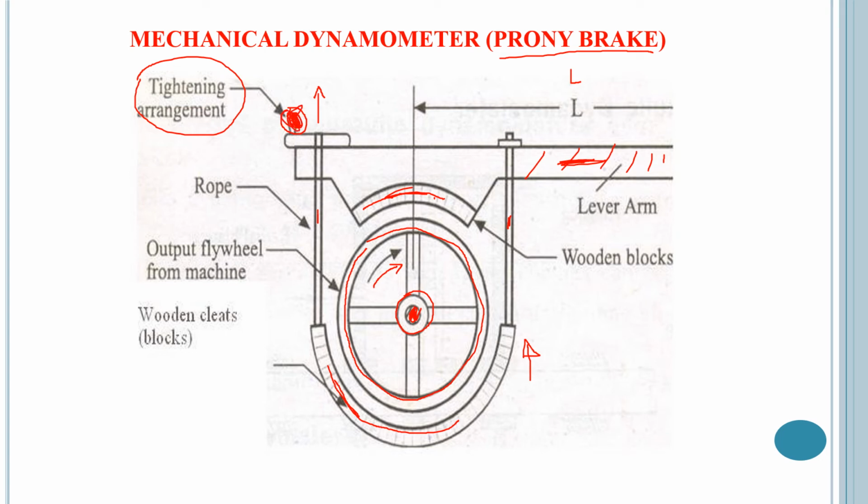The rope is tightened so as to increase the frictional resistance between the blocks and the flywheel. So whenever we tighten this, the frictional resistance increases between these two blocks and the flywheel.